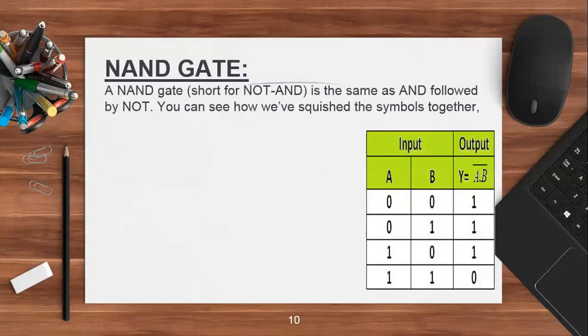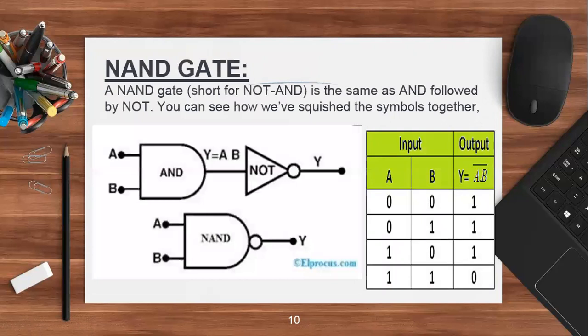NAND gate. Actually, the NAND gate is the combination of AND gate and NOT gate. NAND is short for NOT AND. Because this NAND gate is the combination of NOT and AND gate, it is called NAND gate. It's the same as AND followed by NOT. You can see how we squished the symbols together.